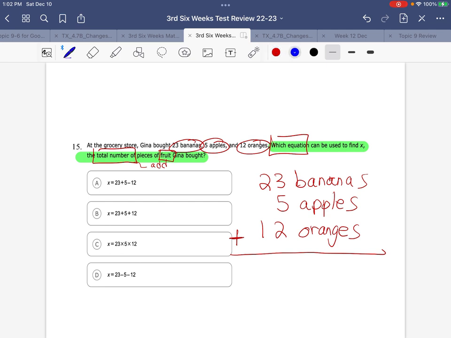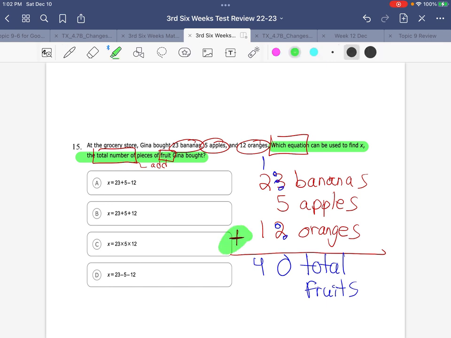Okay. So 5, 6, 7, 8, 9, 10. 2, 3, 4. So this is our total, 40 total fruits. So the way I figured that out is I added them. Okay, so I added 23, 5, and 12.